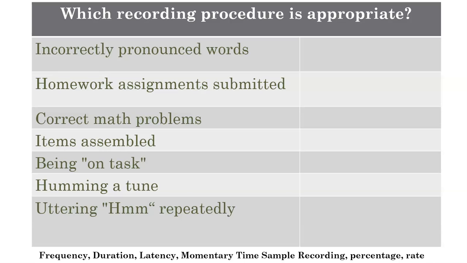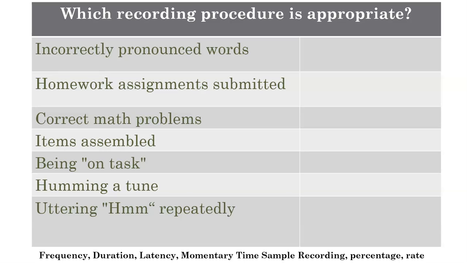For being on task, you need to be able to record the duration. And if you cannot see the beginning and the ending, duration recording could be difficult. So in that case, you would use momentary time sample recording to get an estimate of duration. Humming a tune? Perhaps duration could be used because you can hear the beginning and the end of that behavior.